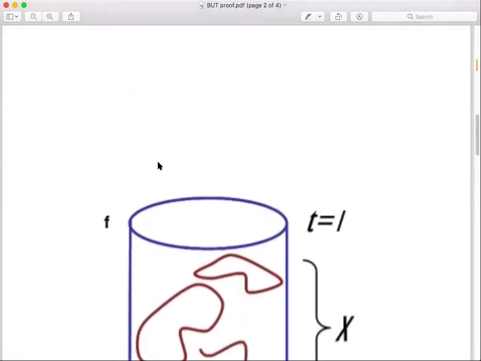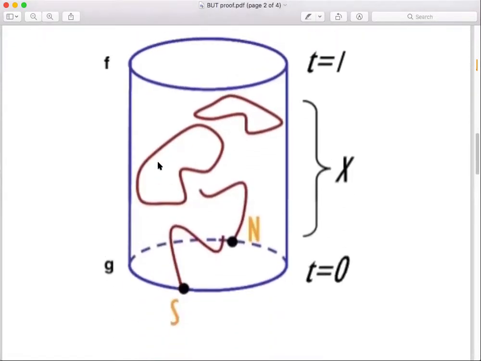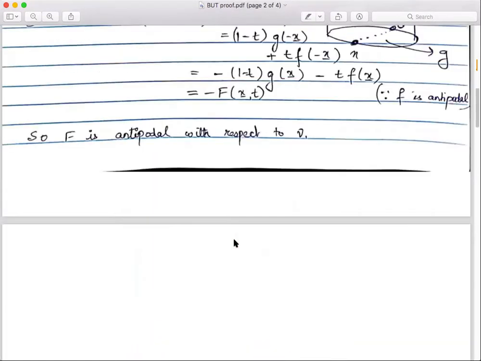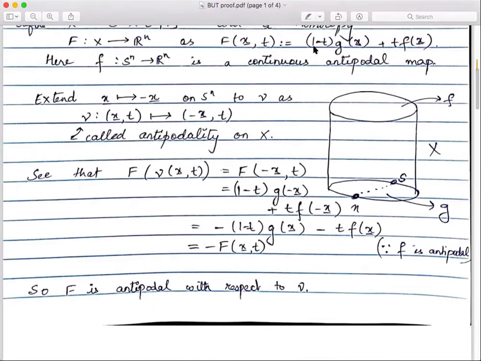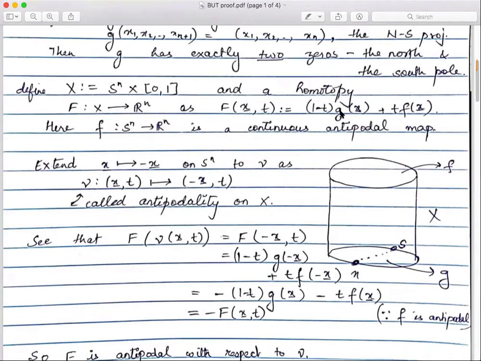To see the picture for this F, we'll return back to this image. But for now, let's say n is equal to 1, so Sn is just a circle. You take a circle, you take the product with I, so it becomes a cylinder. On the bottom it is g, because F is (1 minus t) times g(x), so at t equal to 0, the second term vanishes and you have just g(x).